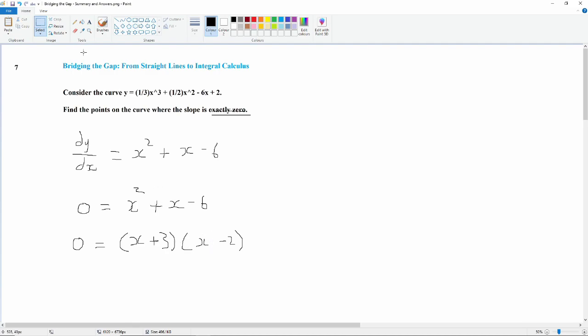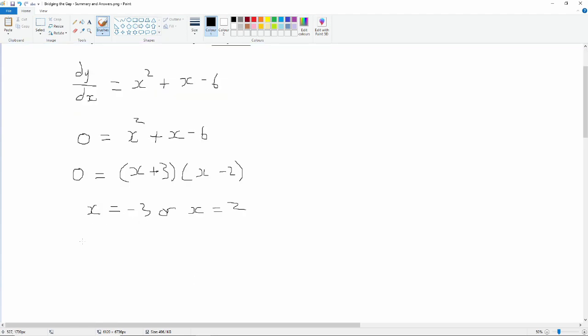So either x is negative 3, because negative 3 plus 3 is 0 and 0 times anything is 0, or x is 2, because 2 minus 2 is 0 and 0 times anything is 0. So x equals negative 3 or x equals 2.